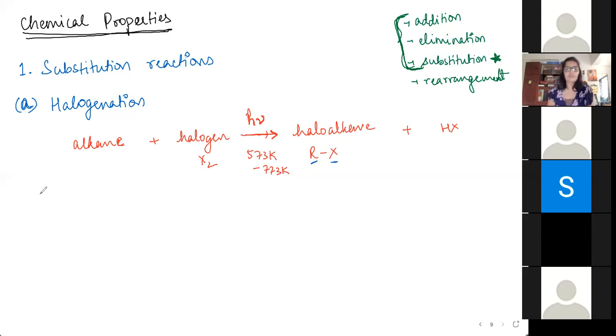One thing you need to note is the order of reactivity, looking at alkanes and halogens. For a specific alkane, if you're comparing between the four halogens, what do you think will be fastest, fluorine or iodine?